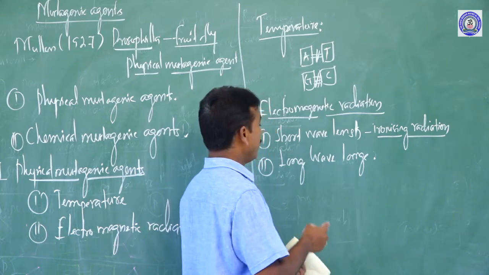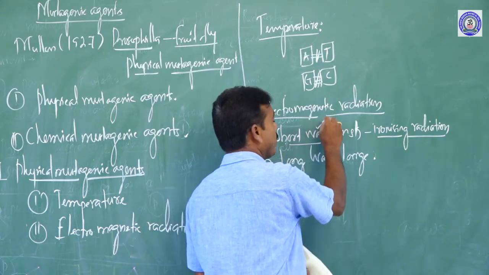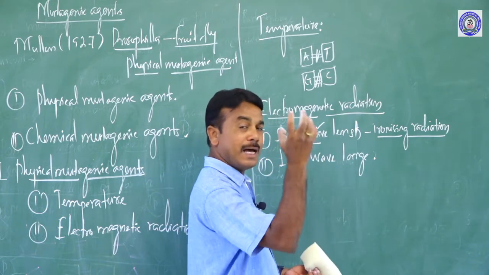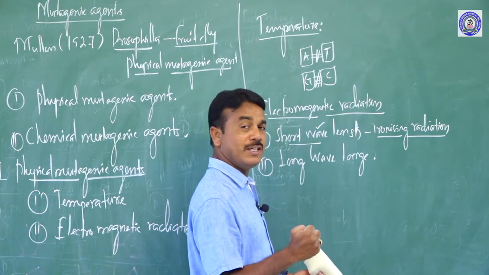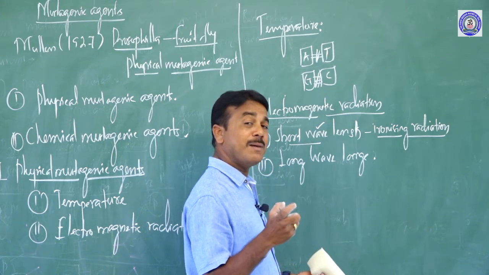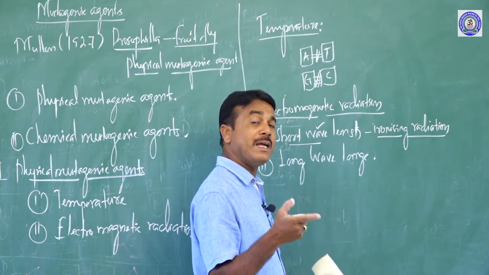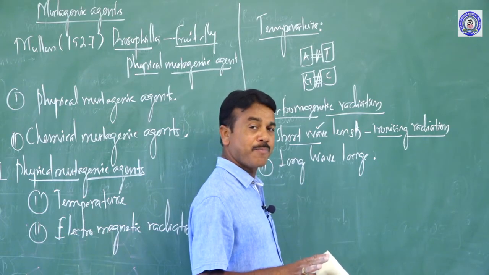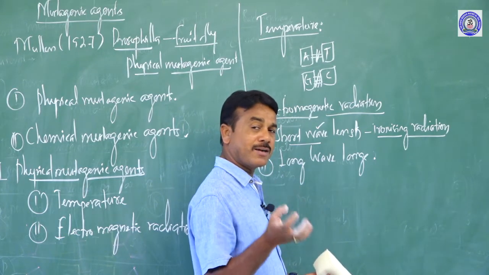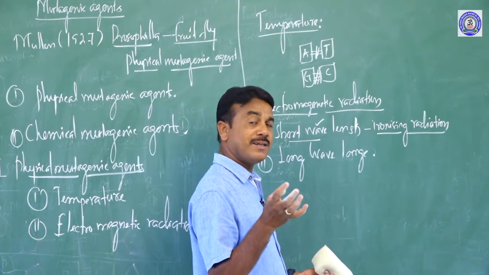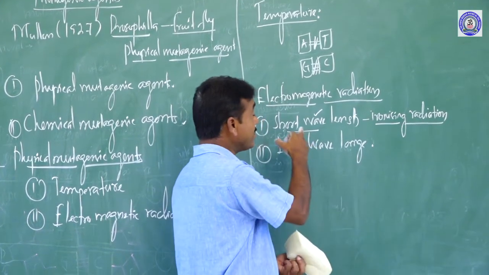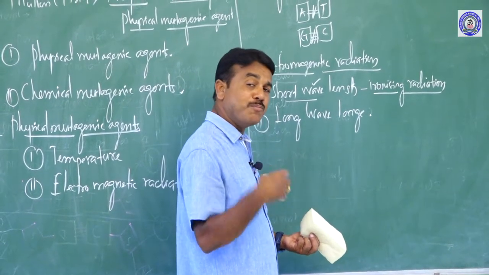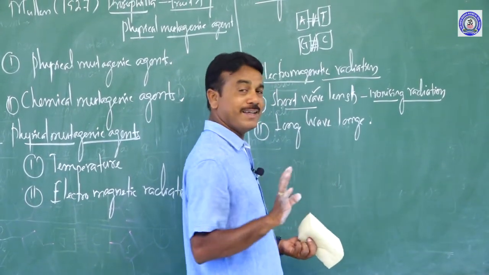Such rays absorb more energy. The atoms containing electrons are converted into ions, that is, ionized. Simply put, when atoms containing electrons absorb short waves, they are converted to ionized form.